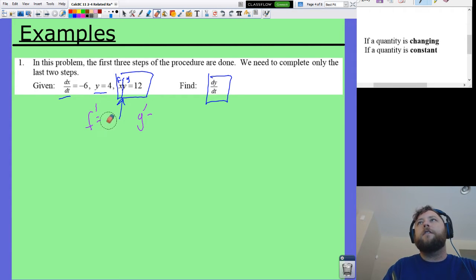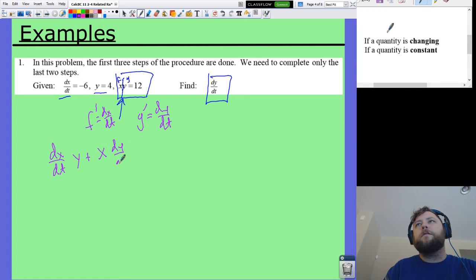So differentiating x is actually going to be dx/dt, and differentiating y is going to be 1 times dy/dt. All right, so let's plug that in. It's going to be f prime, so dx/dt, times regular g, so y, plus regular f, so x, times dy/dt, equals the derivative of 12, which is 0.